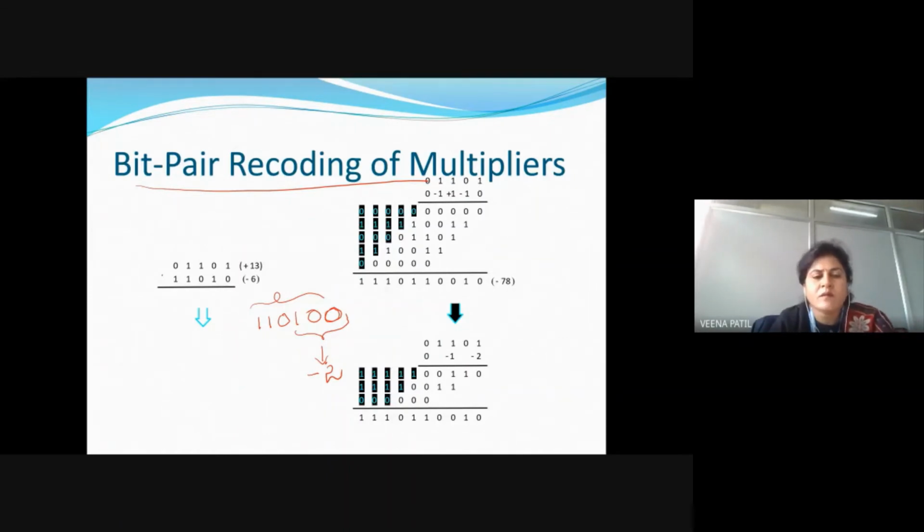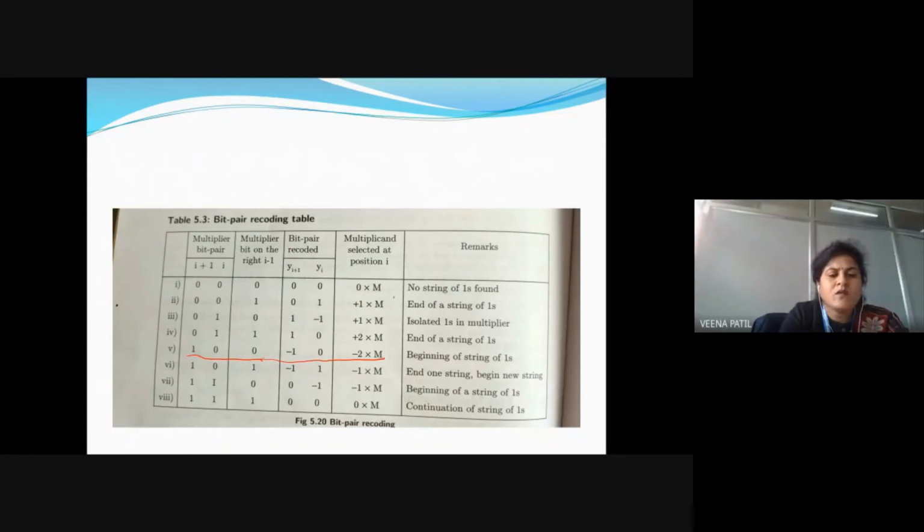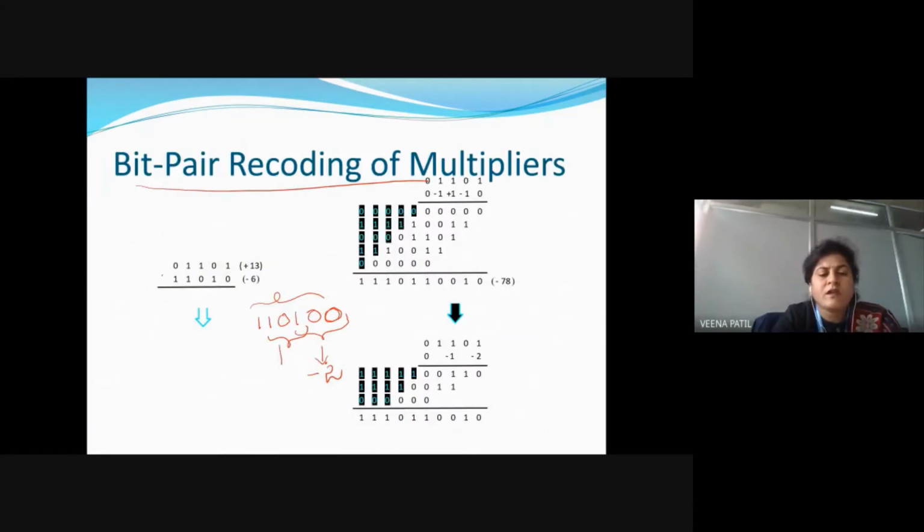Then I will take the next 3 bits. So the next 3 bits stand for 101. So 101 in the table means -1. So just write it as -1.